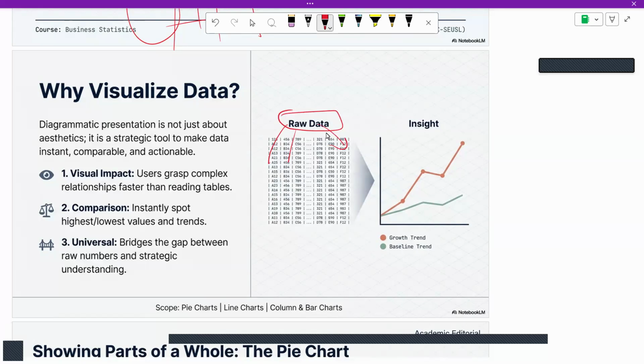A diagrammatic presentation is not just about aesthetics. It's not for the purpose of beauty. It's a strategic tool to make data instant, comparable, and actionable.